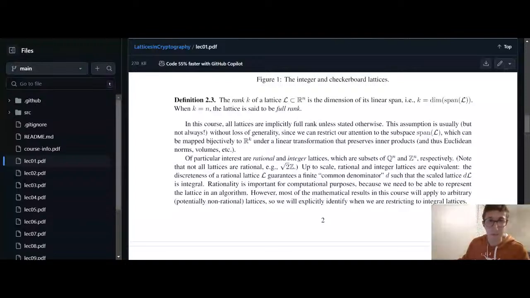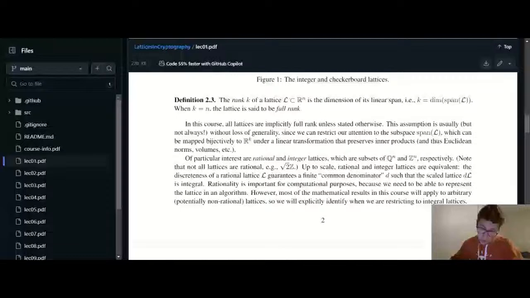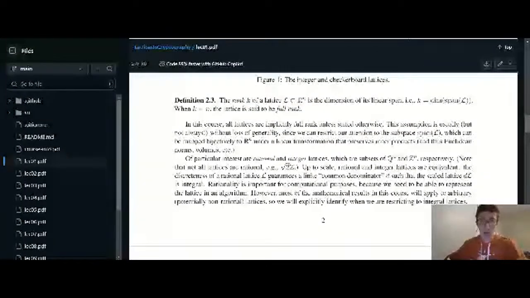I'm just looking. Okay. So, what does that actually mean? Linear span.